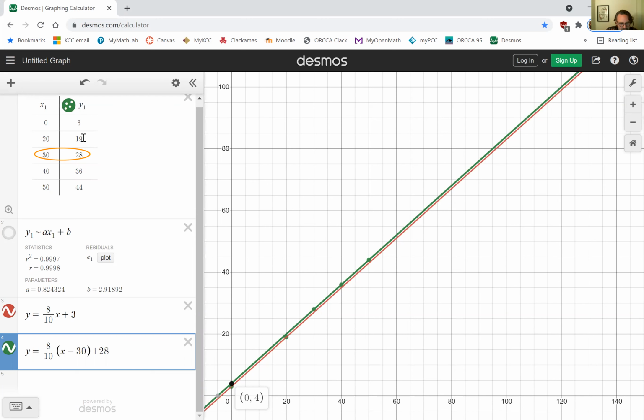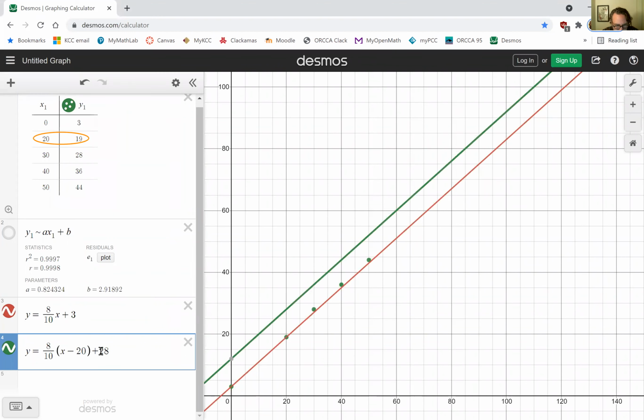And if I switch this to 20 and 19 instead, I'm pretty sure it will go down 1 unit and it will be amazing. So if I change these numbers to 20 and 19, boom, now it's exactly on the original line because those first 2 points were lined up nicely where it went up 16% in the course of 20 minutes.